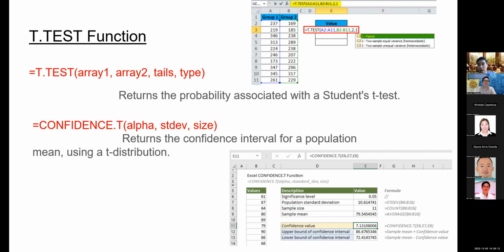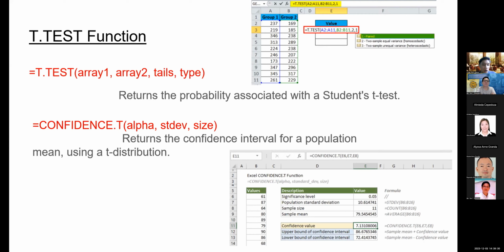You can use type 1, which is paired, type 2, which means two-sample equal variance, and type 3, two-sample unequal variance. This returns a probability associated with the student's t-test.